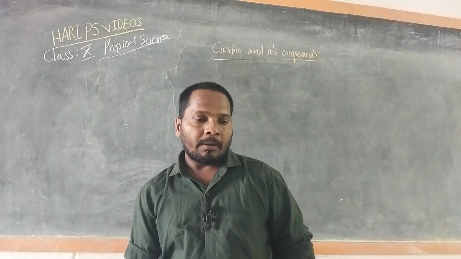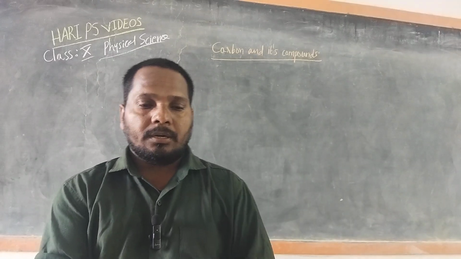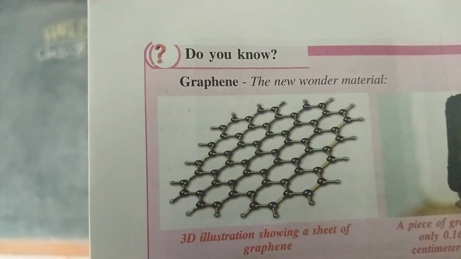Here I will show you a picture of graphene, which I told you about in the previous class. I already showed the Buckminster fullerene and the structure of diamond and graphite, and now let's see graphene.